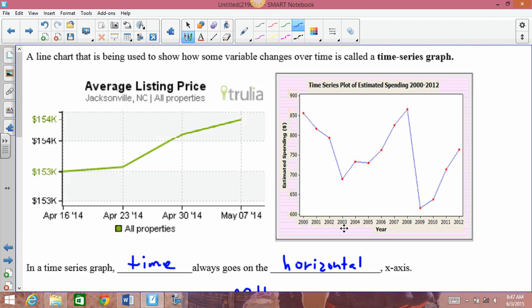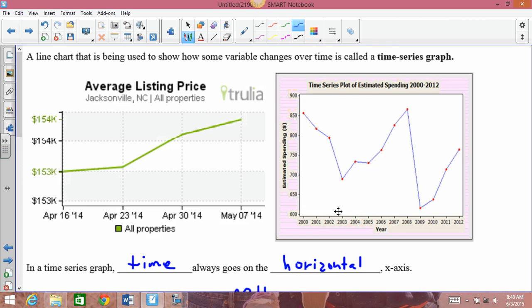Obviously 2000 is a year, but we don't know if that's $850 per month that year or per week that year. What are we referring to there? Let's see, a couple other things going on in this graph. We don't know what type of spending they were looking at. Is it normal bills, or is this excess spending, that sort of thing.